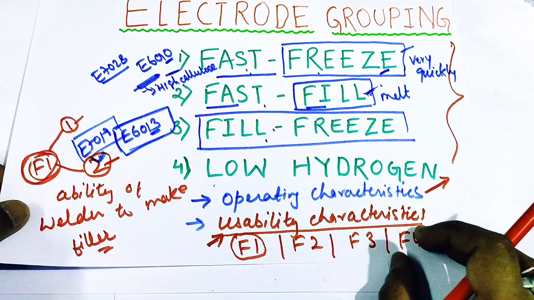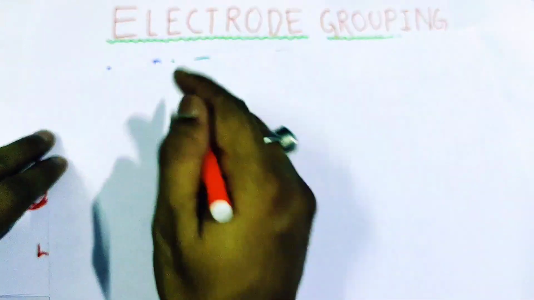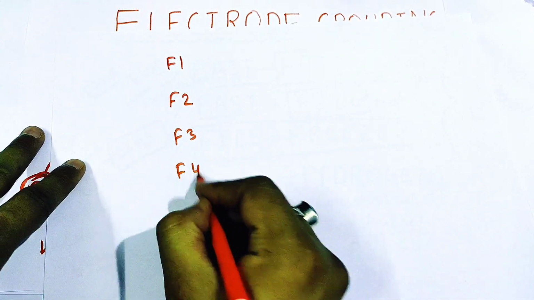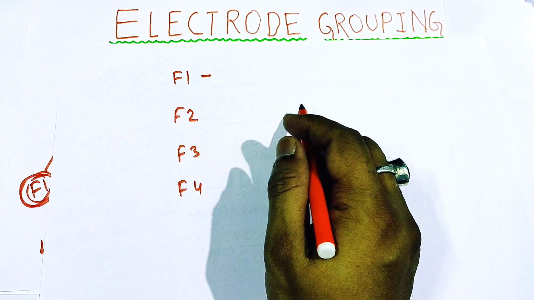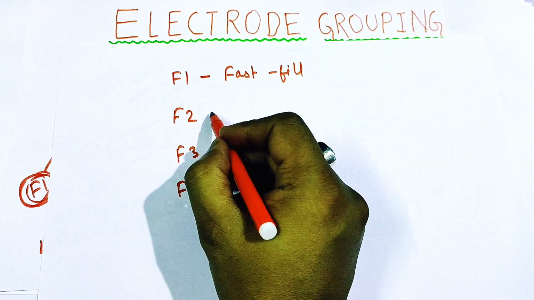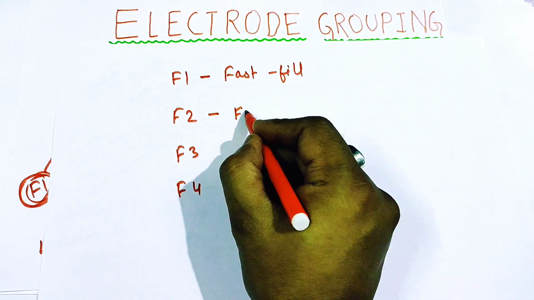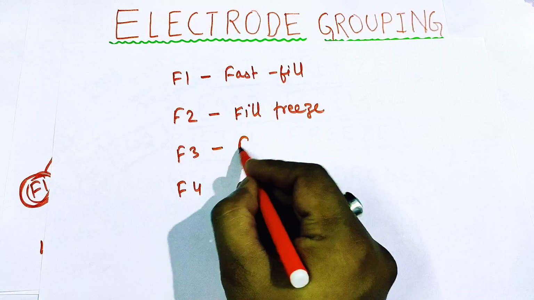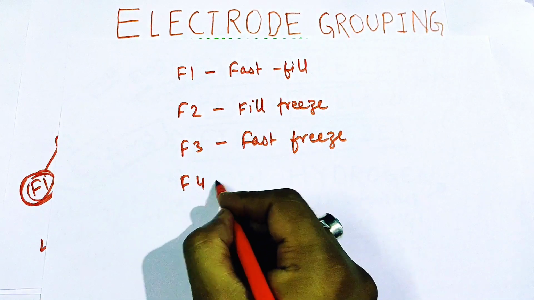So as per usability characteristics, we have F1, F2, F3 and F4, and I'll explain a little bit more about them. Friends, F1 electrodes are nothing but, as we talked earlier, fast fill electrodes. Then F2 group of electrodes are fill freeze. F3 is fast freeze. So now you will be able to connect between those.